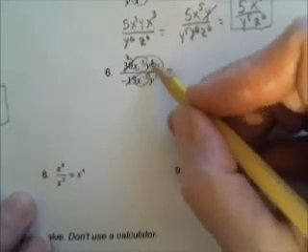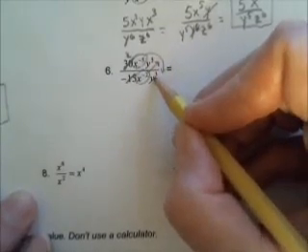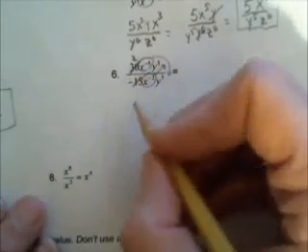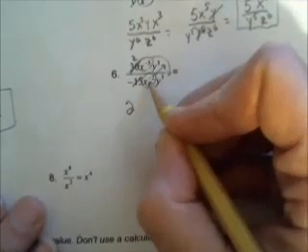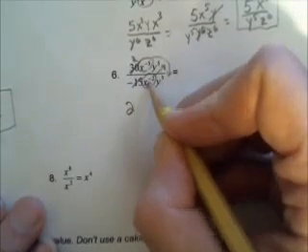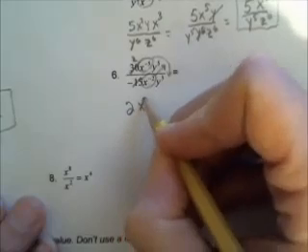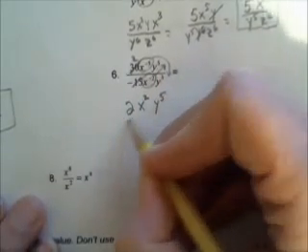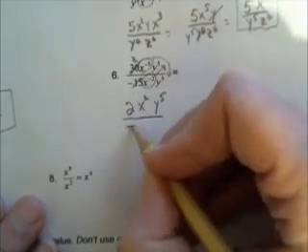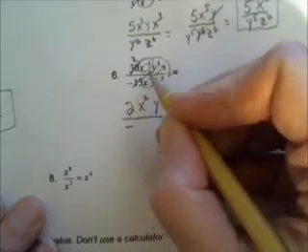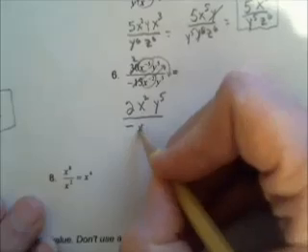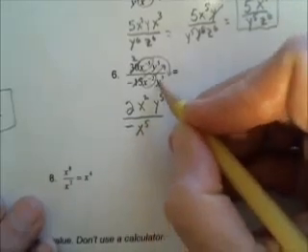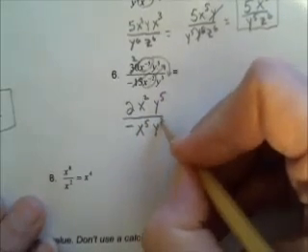And the y's have positive exponents, so they're not moving at all. So on the top we have a 2. The x to the negative 2nd moved up and became x to the positive 2nd, and the y to the 5th stayed upstairs. In the bottom we're left with a negative 1. The x to the negative 5th moved downstairs and became x to the 5th, and the y cubed stayed.